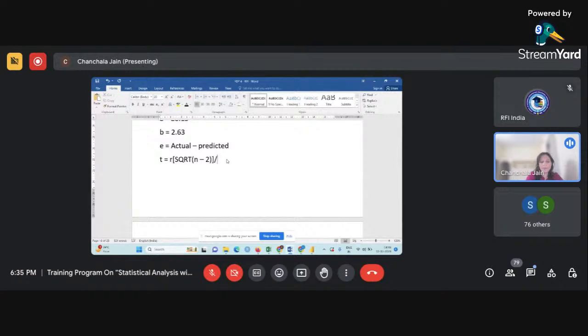Divided by SQRT in bracket, 1 minus R square. So I think it is possible for me to write it here. This way we can find the value of T. And this T value will tell you whether your correlation is significant or not.